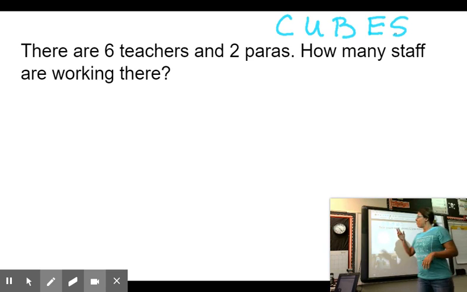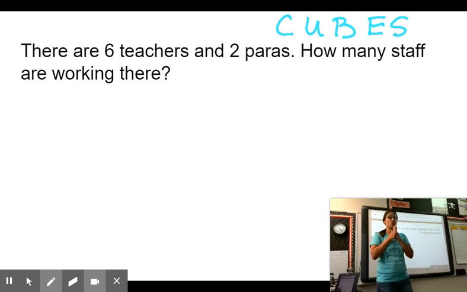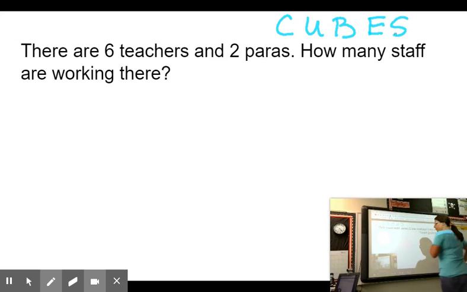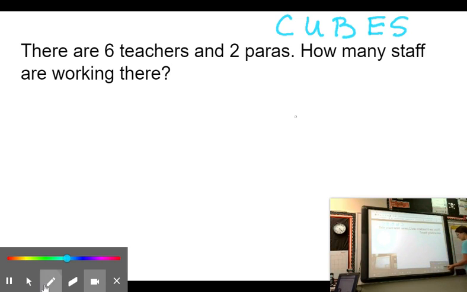So cubes gives me a clue. I remember what I'm supposed to do. I remember C stands for circle. Well, what do I circle? I know. I circle the numbers. Well, I know that there's 6 teachers because it said 6 teachers right there. I remember that. So I come over here and I'm going to circle my 6.